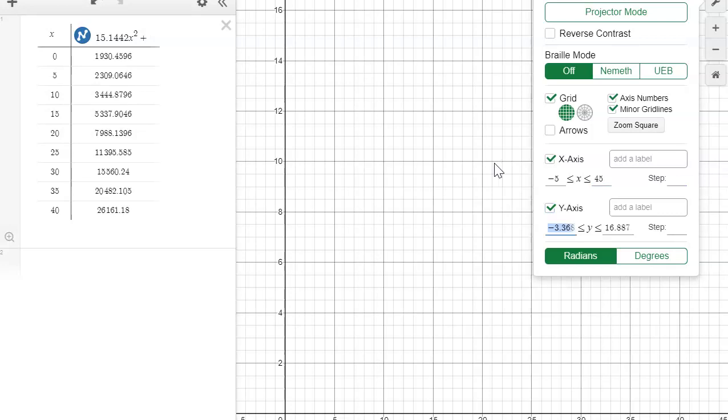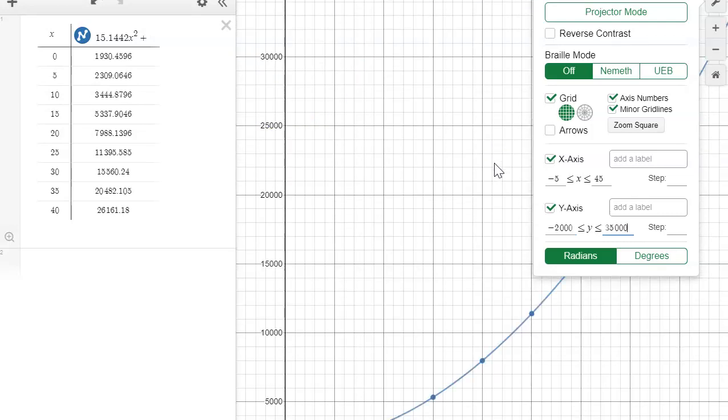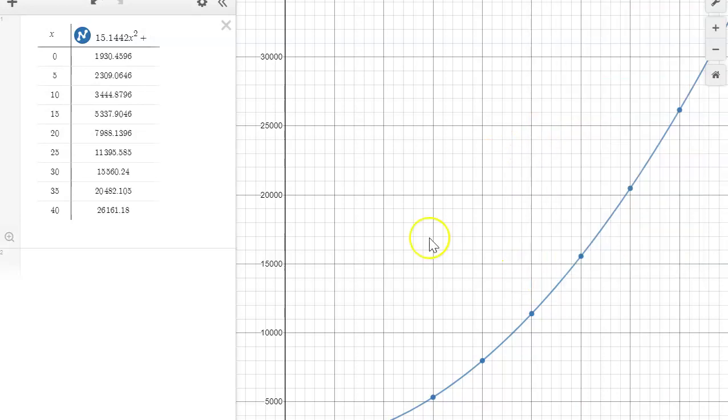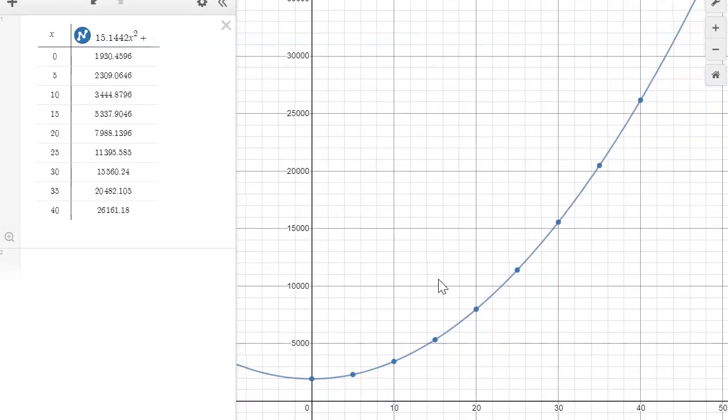For my y-min, it wants -2,000. And for my y-max, it wants 35,000. So this is what my window looks like. So I'm going to go back to my paper and sketch that graph.